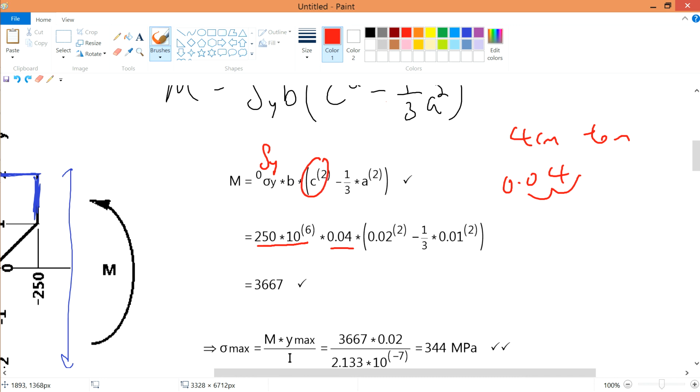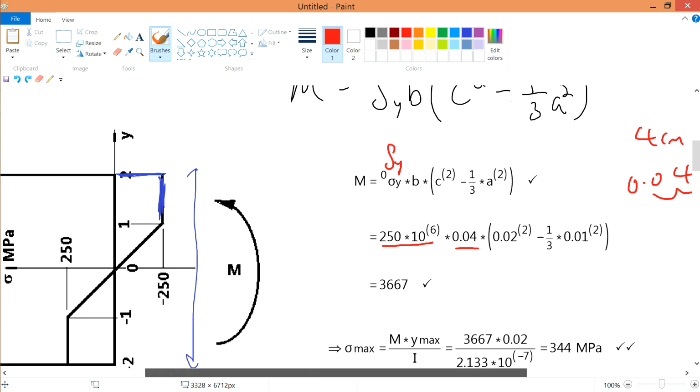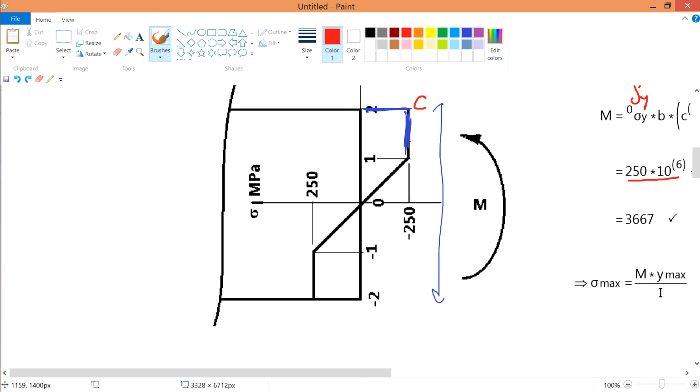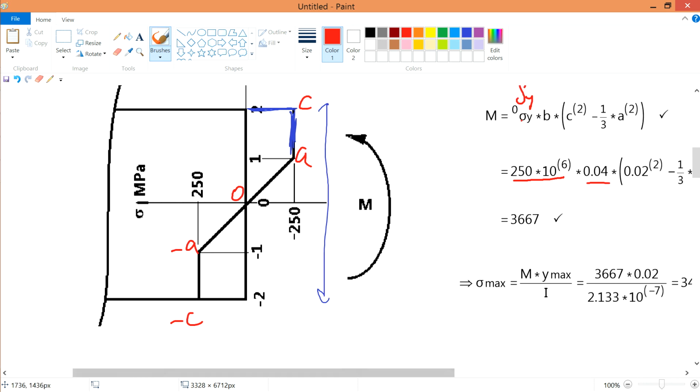And the c square. The c square is the stretch that you have been stretched. In the elastic zone you actually stretch for 2 cm, so we just sub it in as this thing over here. And you may wonder, firstly we say that this is C, this is A, this is 0, this is minus A, this is minus C, so why am I taking C as this thing?